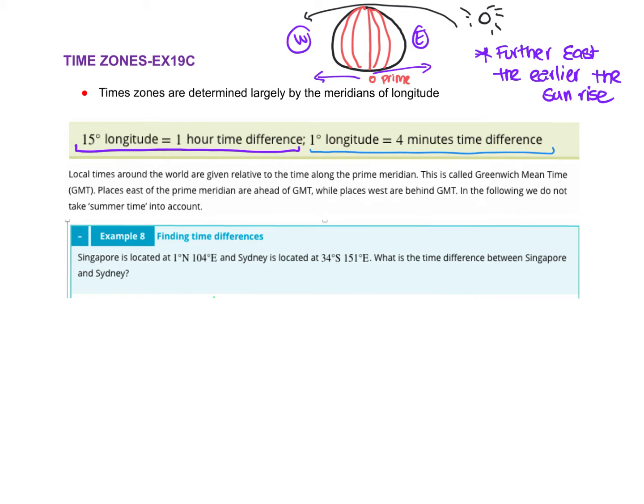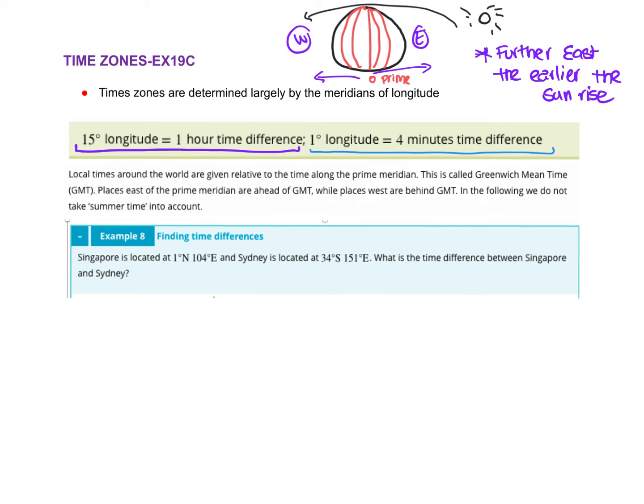So local times around the world are given relative to the time along the prime meridian. Okay, so the prime meridian is 0, which is Greenwich Mean Time. Places are either east of that, and they're ahead of the GMT, because as I said, the further east you are, you're going to get the sun first.